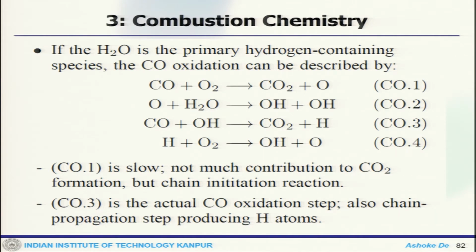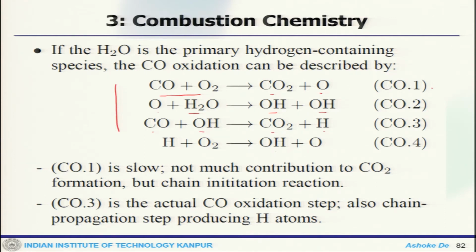The first reaction: CO combines with O2 and forms CO2 and O radical. Then O reacts with H2O to form OH and OH radical. These are again highly reactive radicals, as we have seen earlier. Then CO reacts with OH to form CO2 and H radical, and H reacts with O2 to form OH. So this is a series of oxidation steps.